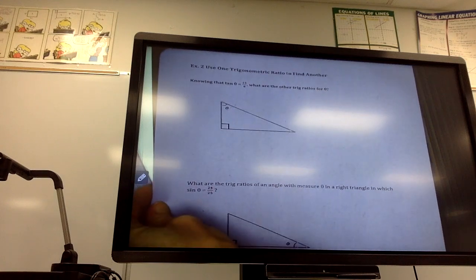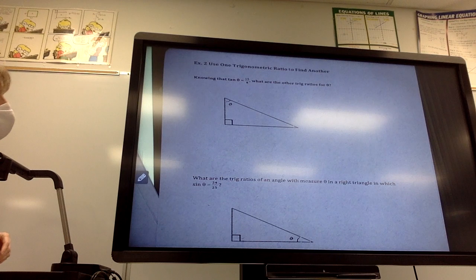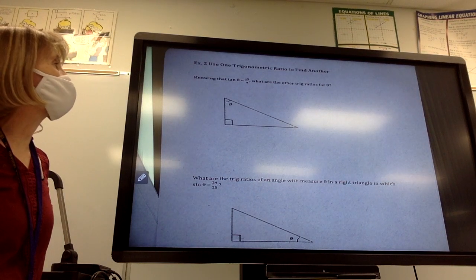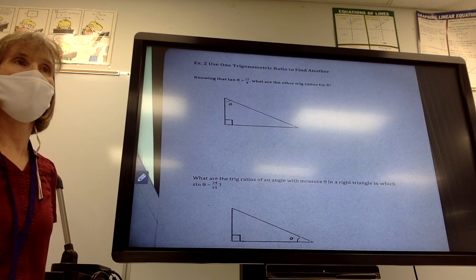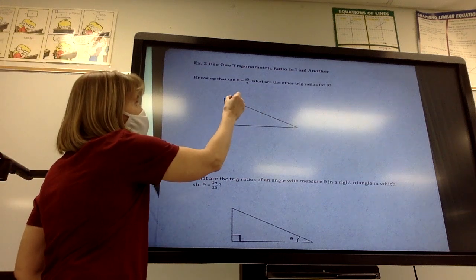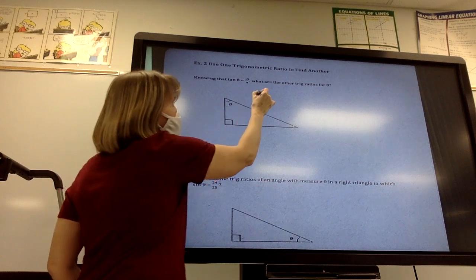Okay, sometimes you're given a piece of information and they want you to find the other ratios. So it says, knowing that tangent of theta is 15 over 8, what are the other trig ratios for theta? So I didn't label anything on the triangle, but I told you that the tangent of this is 15 over 8. Well, what is tangent again?